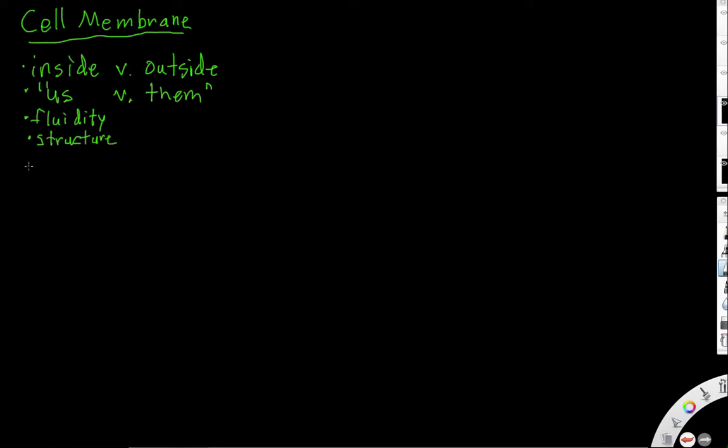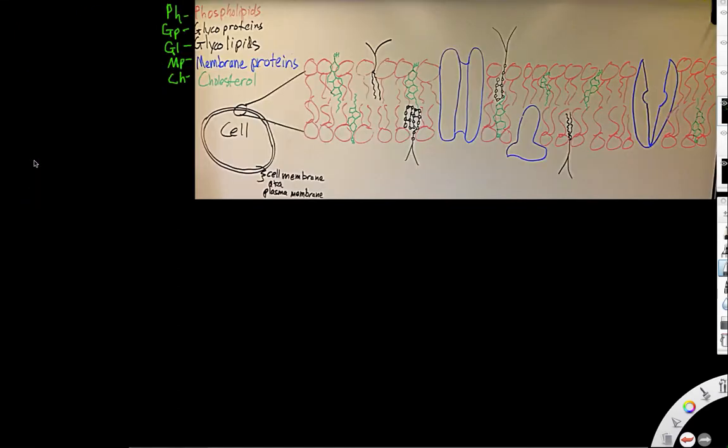And they are responsible for bringing nutrients in and waste products out, and they're responsible for cell signaling and just maintaining the conditions necessary for the cell's survival.